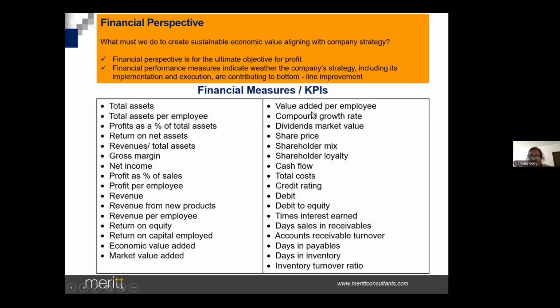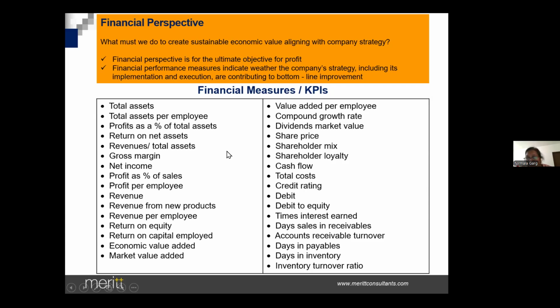End results. So there can be a measure, value added per employee, if I want to see net income, or revenue divided by total assets. So you will have necessary or corresponding KPIs. KPIs also could be lag or lead as well. That means some of them evaluate your lag indicators, and some of them evaluate your lead indicators.